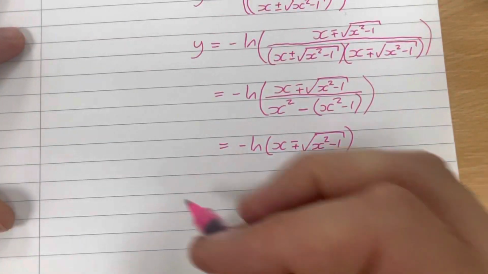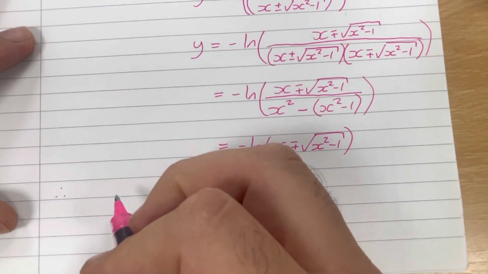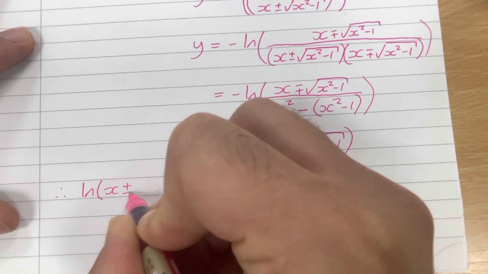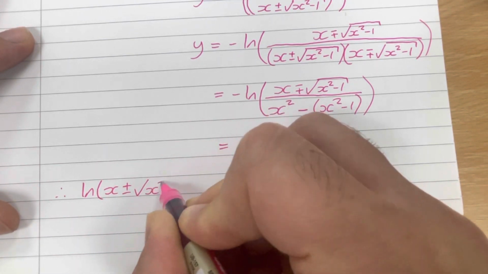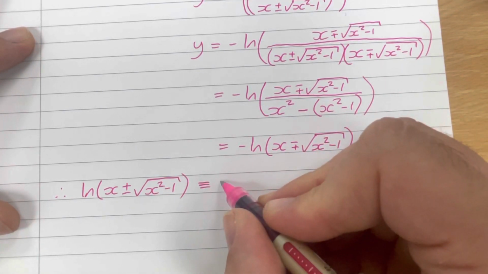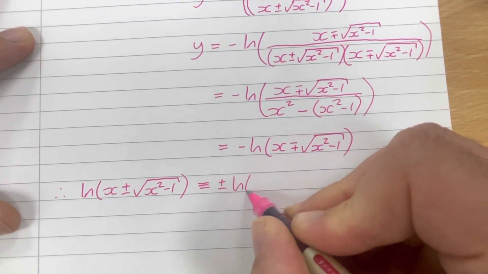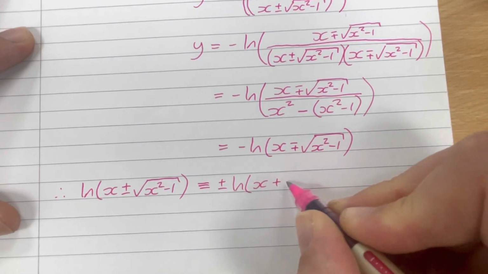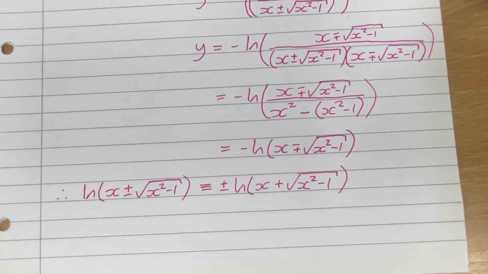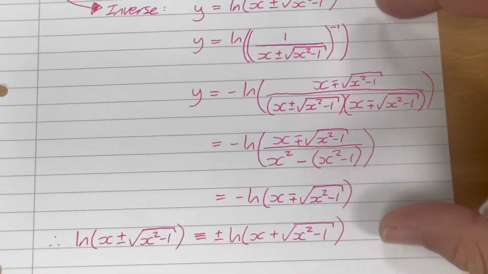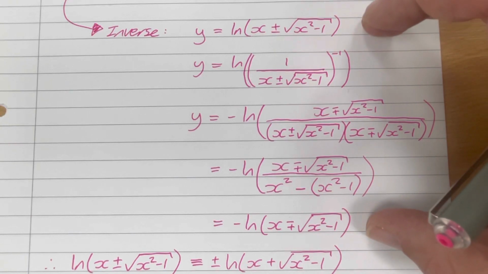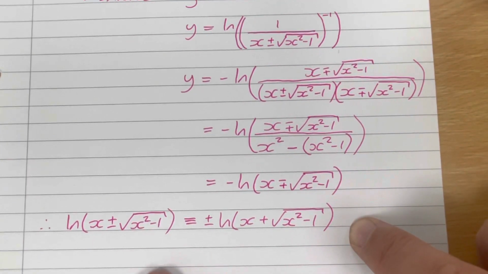So I can conclude that the natural log of x plus or minus the square root of x squared minus 1 is exactly the same as plus or minus the natural log of x plus the square root of x squared minus 1. That's what I've shown in this line of working. These lines of working here justify this statement.